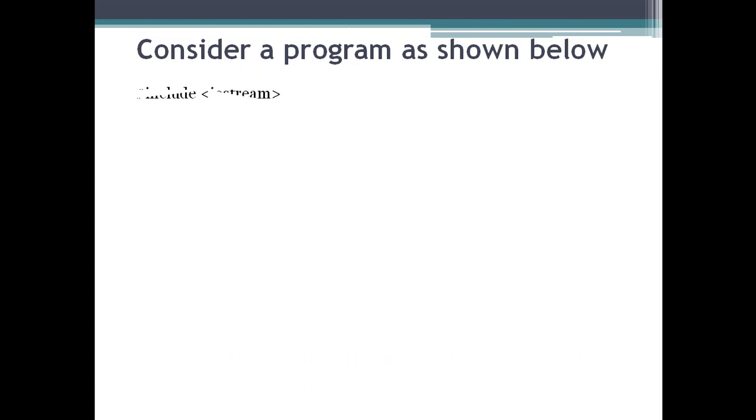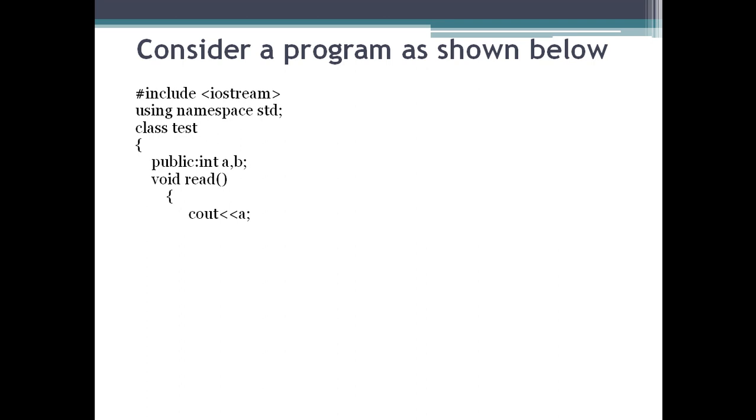Next we move on to another simple program in simplified C++ syntax, where you have taken a class called test. You have declared a method called read, which has a private access specifier, and we declared two members a and b, which are public data members.